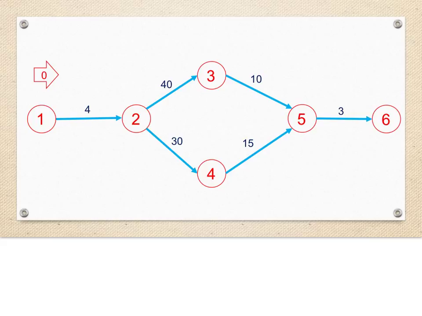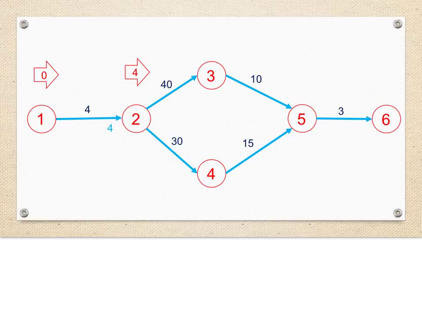So let's use our geotechnical investigation example. Here we show the earliest start time of event 1 as 0. We then simply add the duration to the start time to get an earliest finish time of task 1-2 of 4 days.